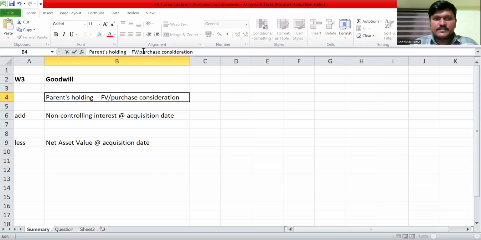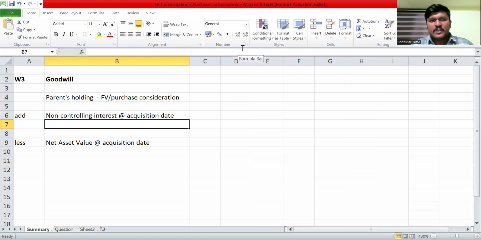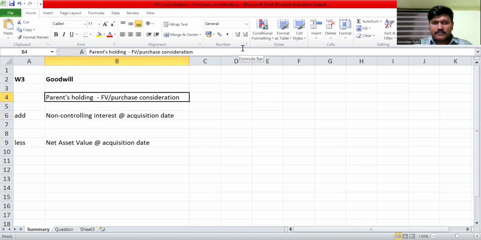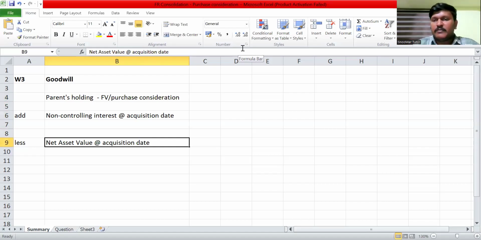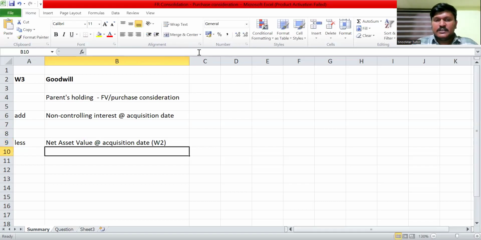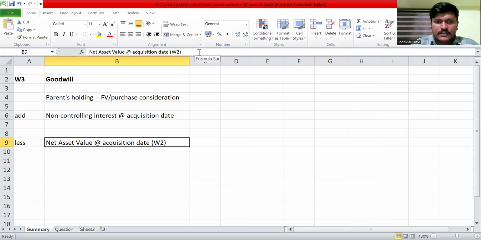So: parent's holding at fair value at acquisition, or purchase consideration at fair value, add your non-controlling interest at the acquisition date, and then subtract the net asset value at the acquisition date. Normally this will come from your working number 2 on consolidation. We'll get back to that in other videos.